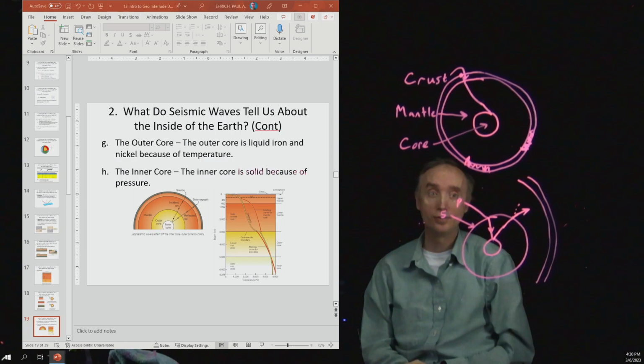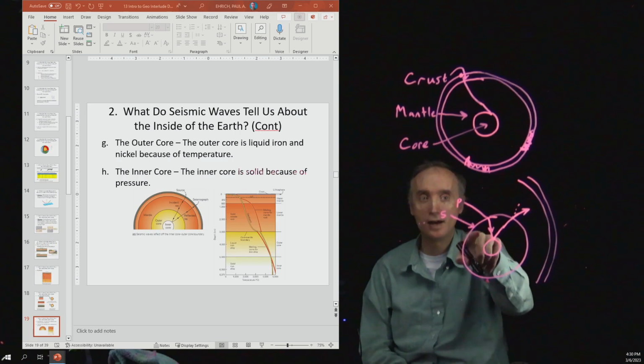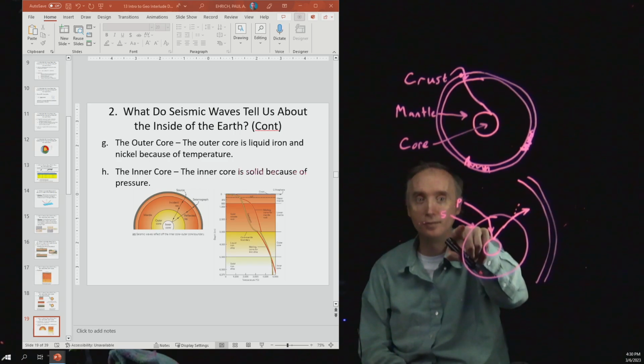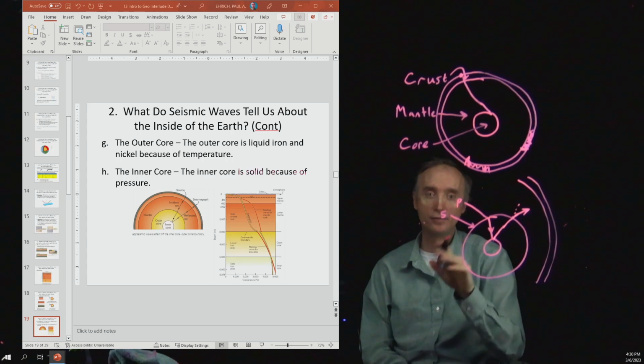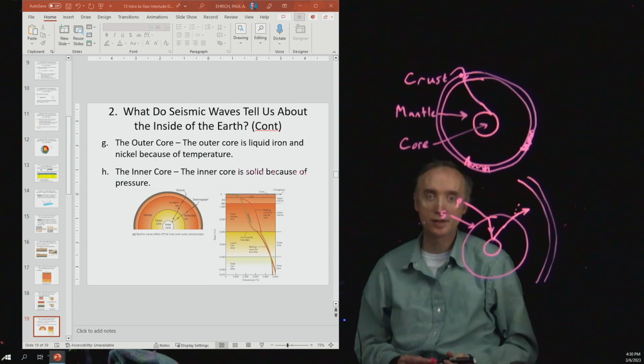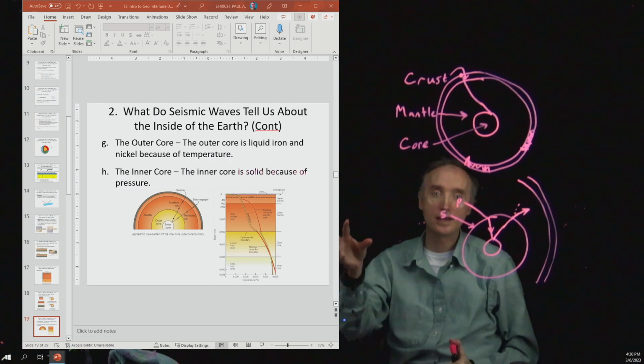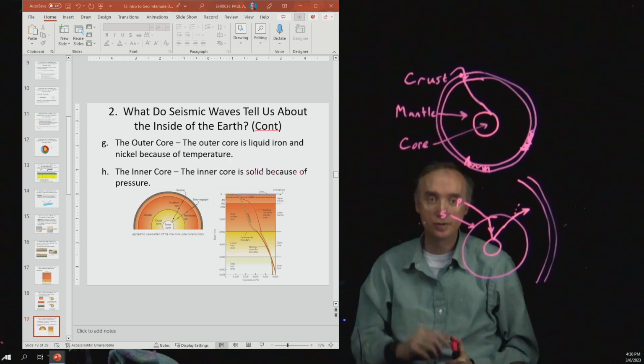So they were able to measure the depth from the mantle-outer core boundary to the outer core-inner core boundary by using this technique. And now if you look at that picture off to the side, it shows you how the speed of P waves changes as it goes through these different layers inside the Earth.